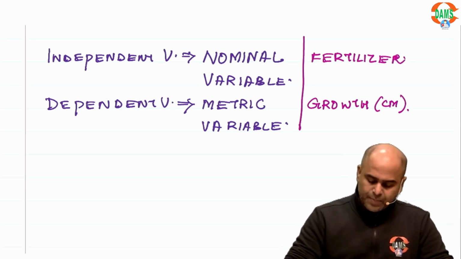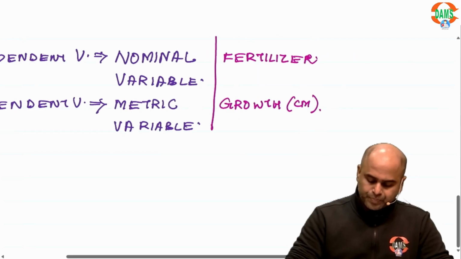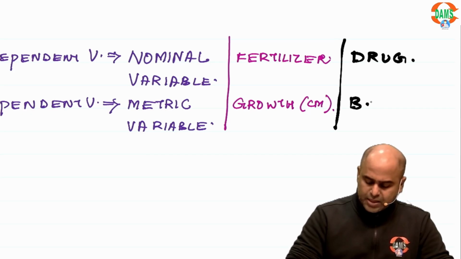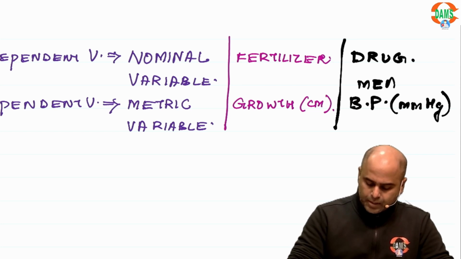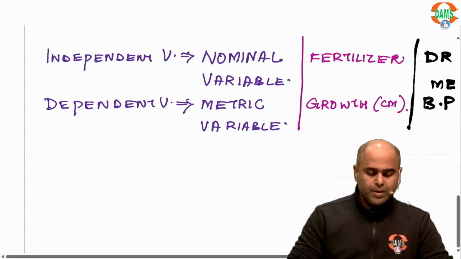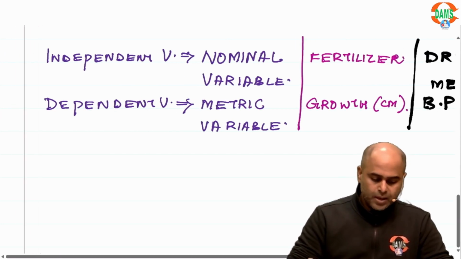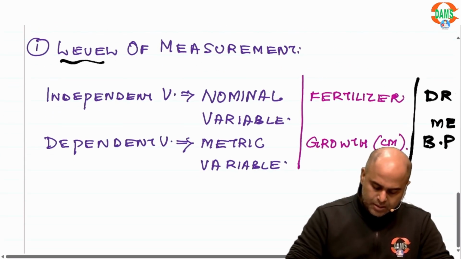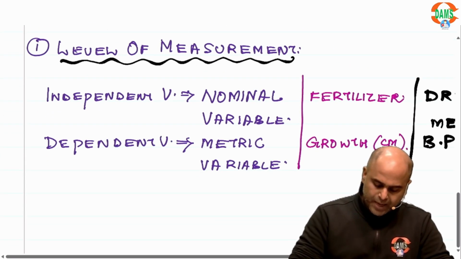Again the independent variable would be the drug, and the mean change in BP in mm of mercury would become the dependent variable. I hope I am clear with this. So the first assumption, the level of measurement, should be absolutely clear.